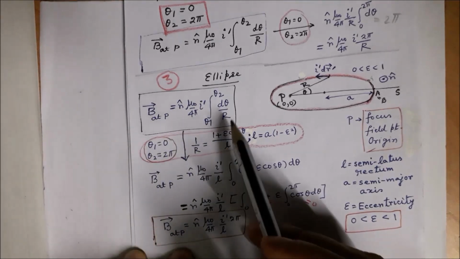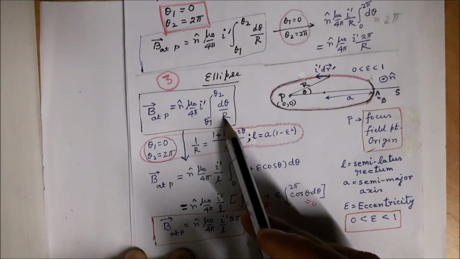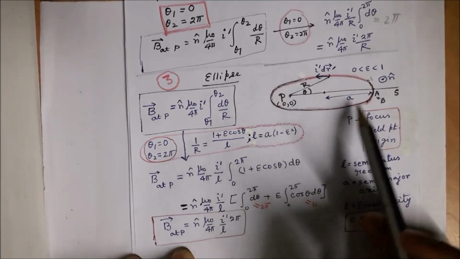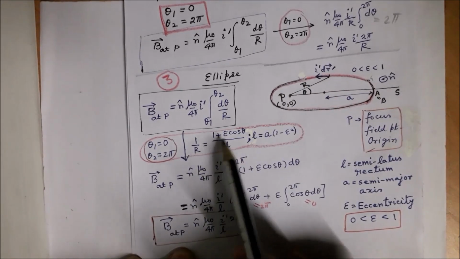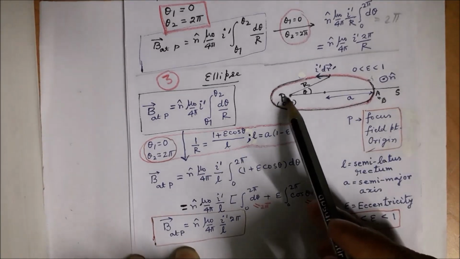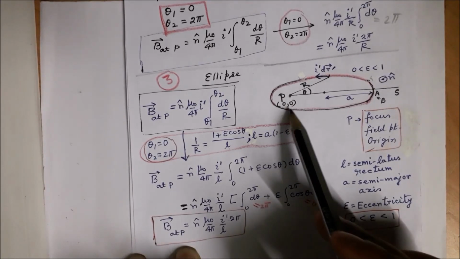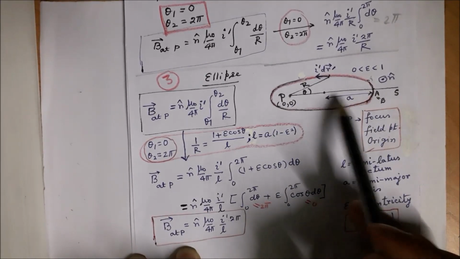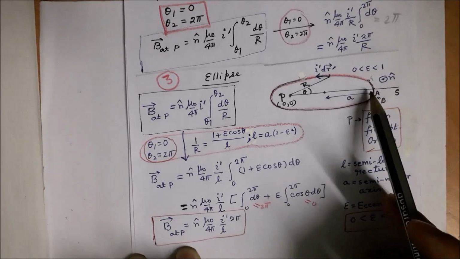The second modification regards the value of 1 by r. Now it being an ellipse, we can use the polar equation of the ellipse, which is this one, 1 plus epsilon cos theta by L, where here P is the focus of the ellipse, which is also the field point, which is also the origin, and here A is this length, which is called the semi-major axis.